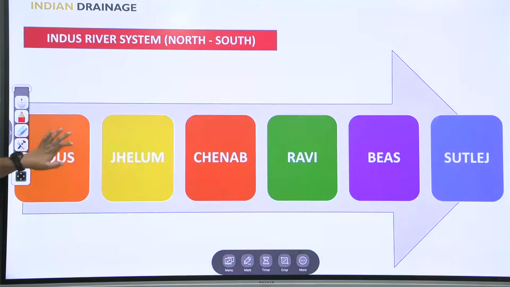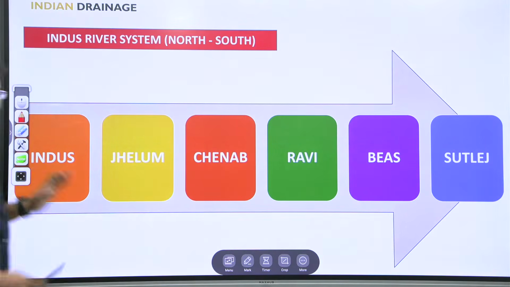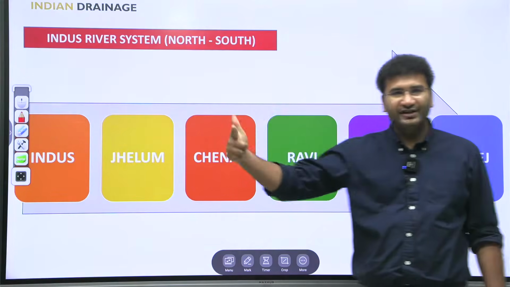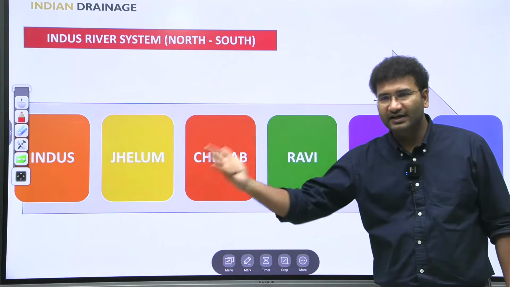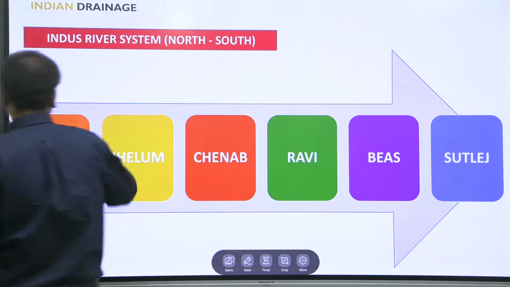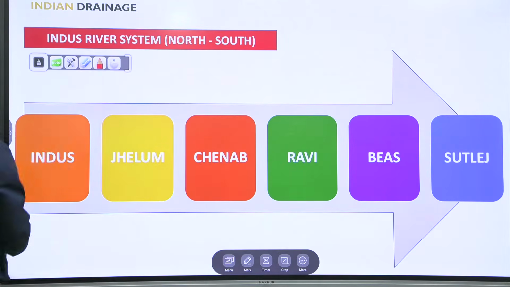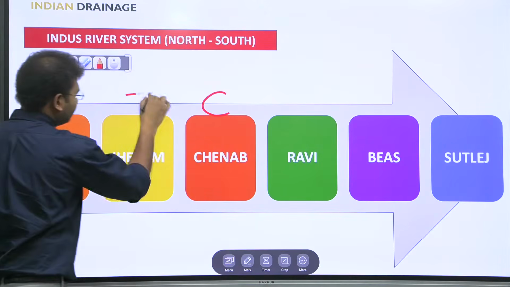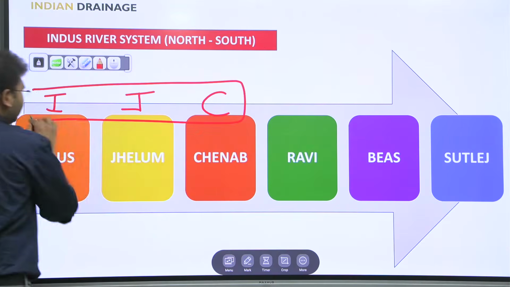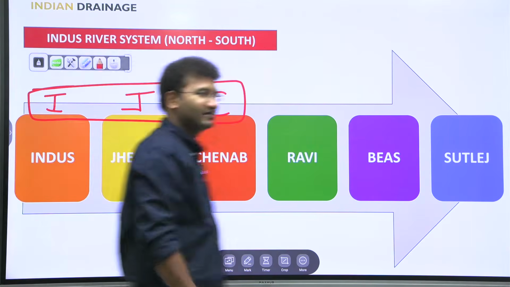So try to understand the tributaries of Indus. Indus left bank tributaries are Jhelum, Chenab, Ravi, Beas, Sutlej. Easy way to remember is CJI is given to Pakistan.